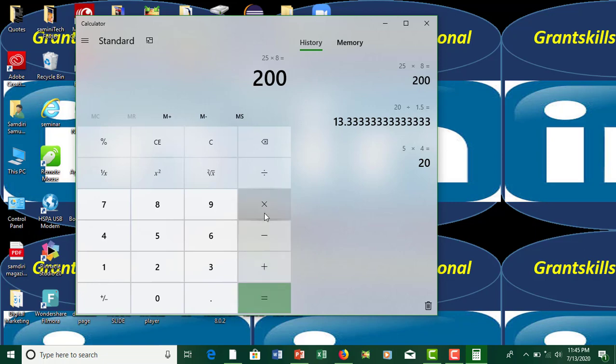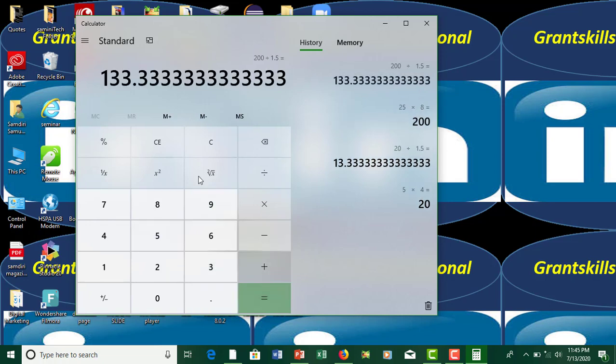So 200 feet divided by 1.5 will give us how many birds? Will give us 133 birds. Let's approximate it to 134 birds that is going to be inside this space of 25 by 8.